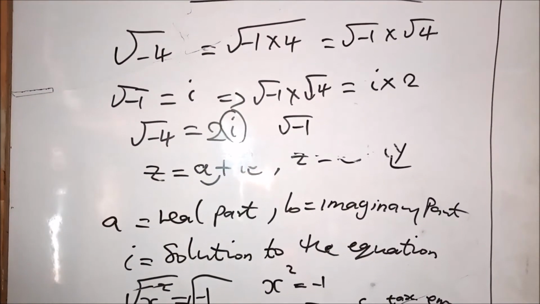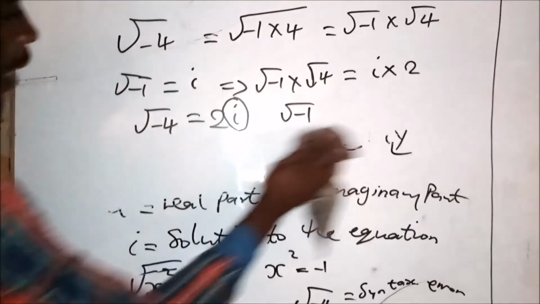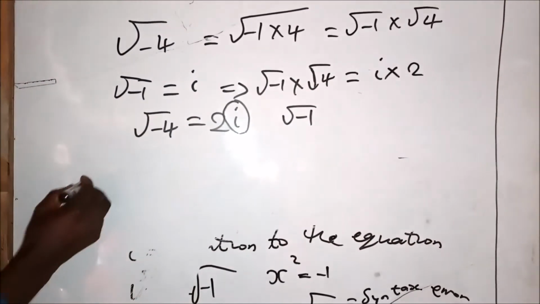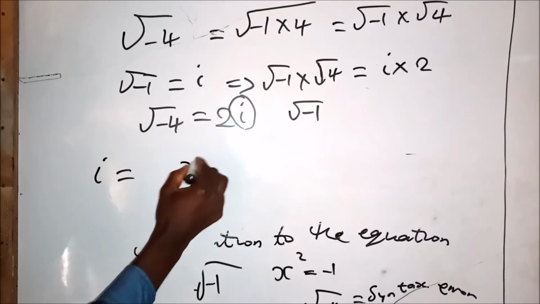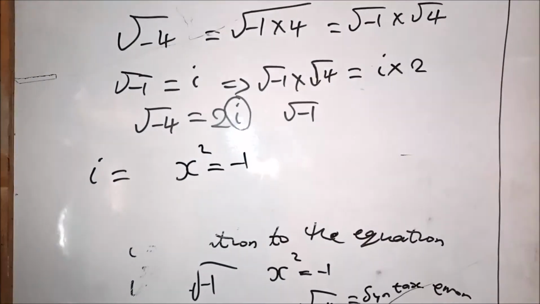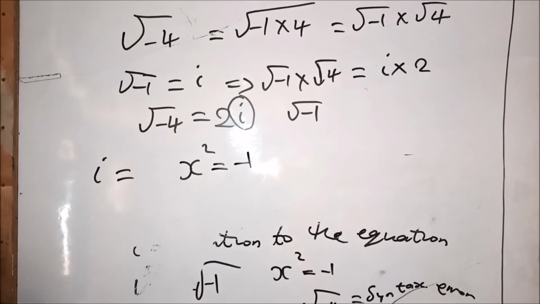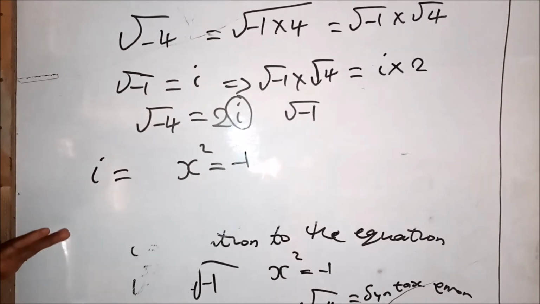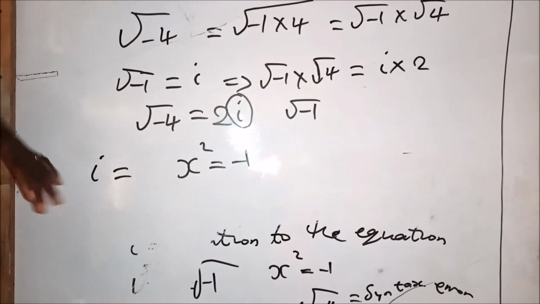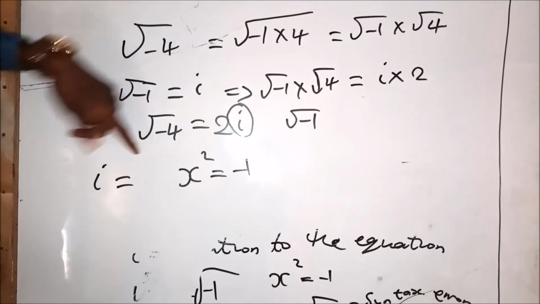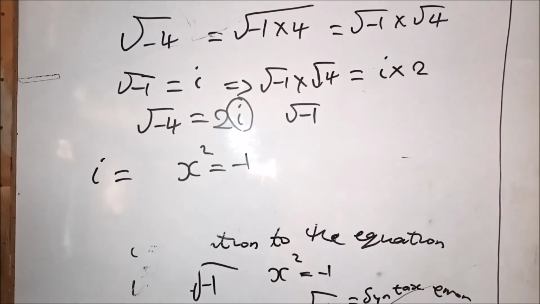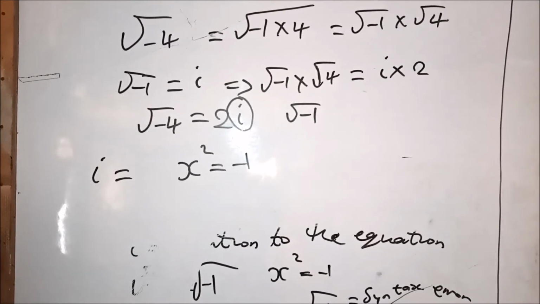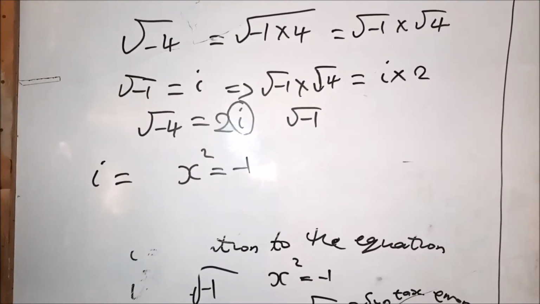So in the explanation, we have that i is given as a solution to the equation x squared equal to minus 1. Now, when we have a number in which we have a particular part that makes use of this i and another real part, then that number automatically becomes a complex number.